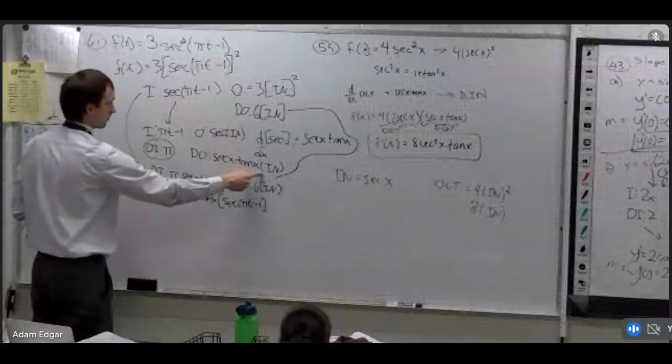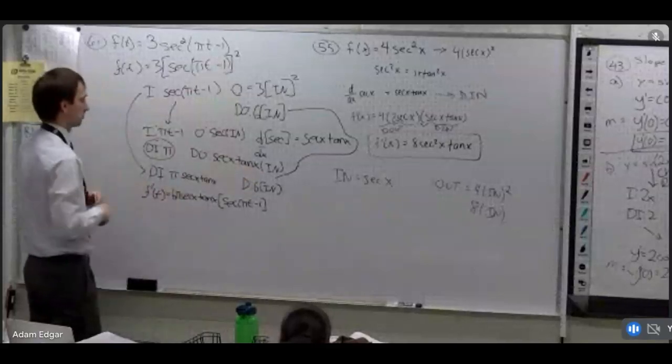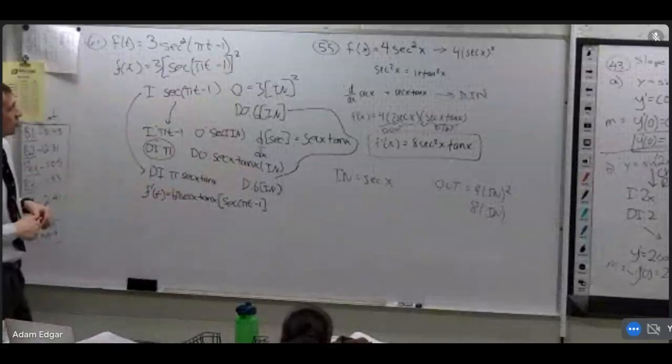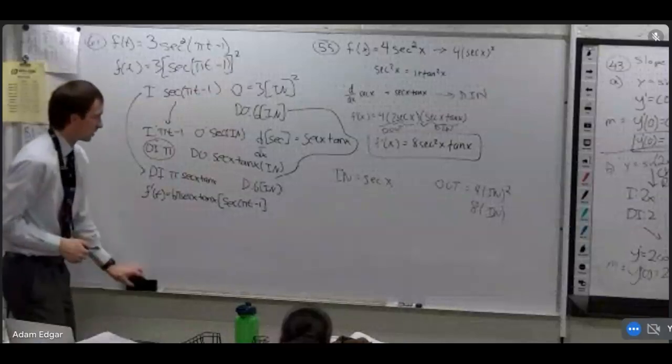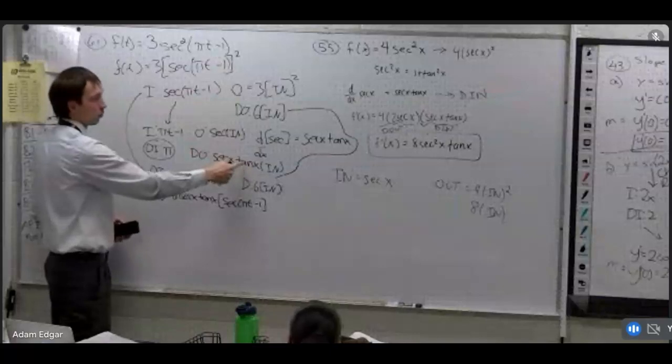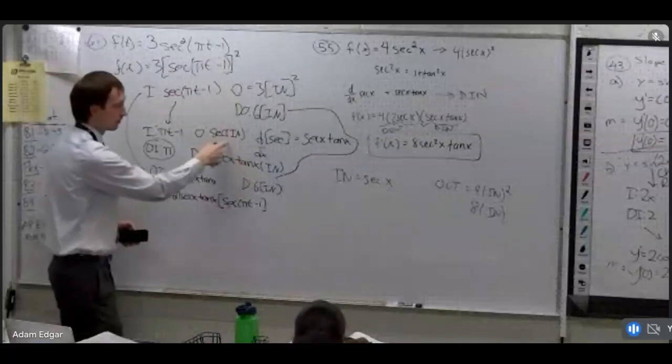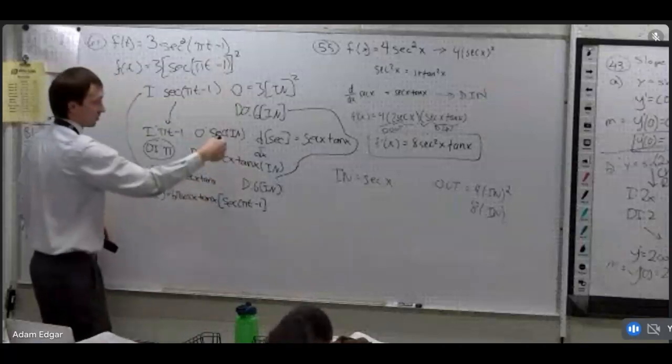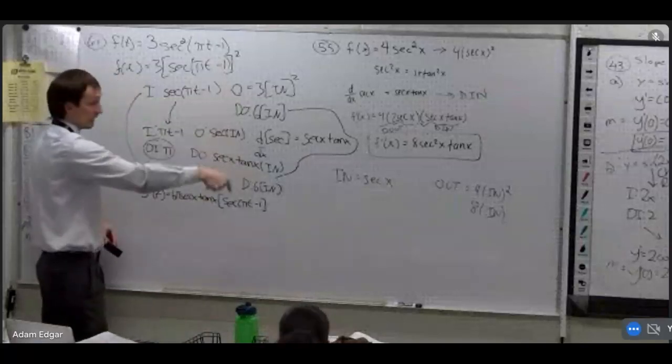And so wait, this is the thing I'm mixed up on. Is the derivative of the outside... So you're right that it's secant tangent. What's inside the secant and the tangent? It's the inside stuff. So instead of secant x tangent x, it's secant in tangent in.